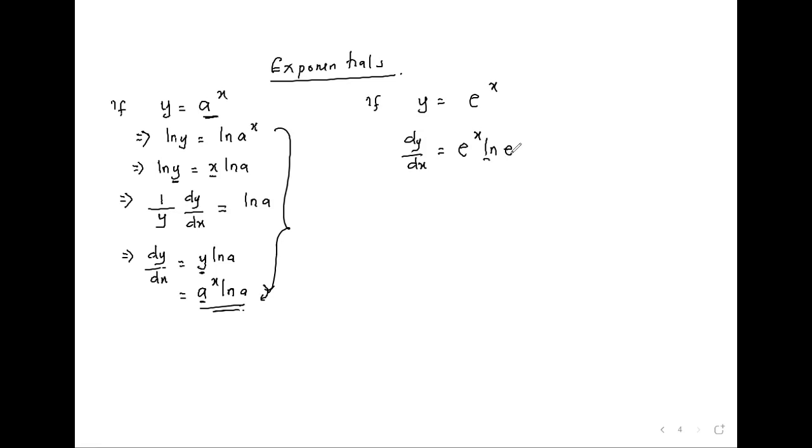And you know that ln e is 1. So this would just come out as e to the power x. Meaning when we have the base as e, we just pick the e^x.